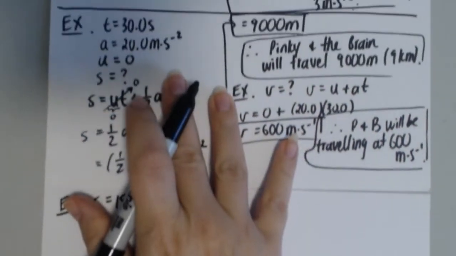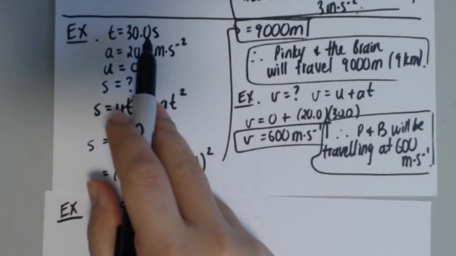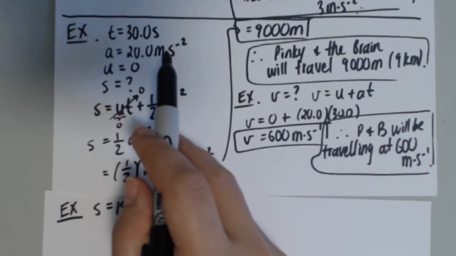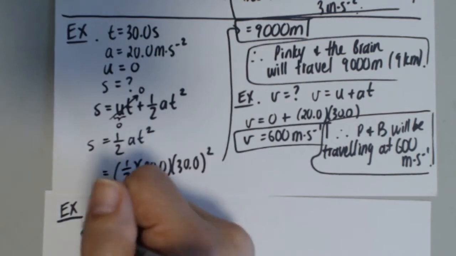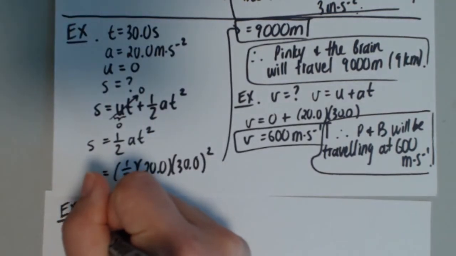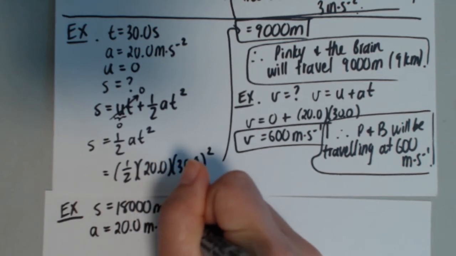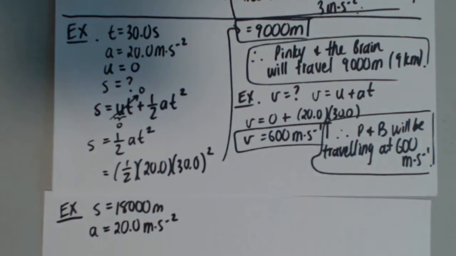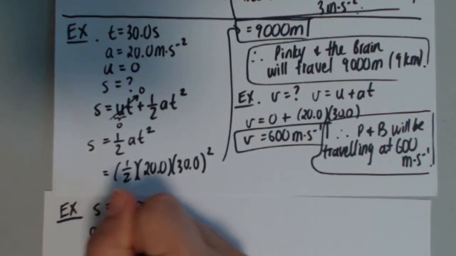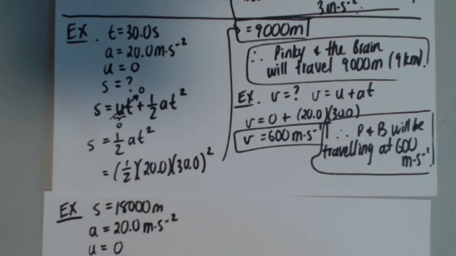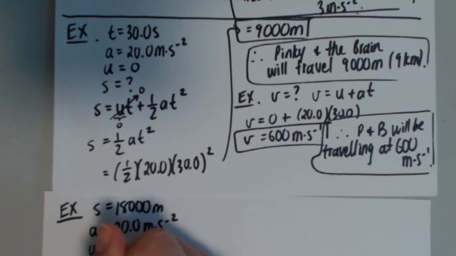That means that I cannot use the time from the original question, right? But I can use the original acceleration, right? Because acceleration is just saying how much they are speeding up by. That value is not necessarily changing. So 20 meters per second squared. I know that they still start off with a speed of 0. So I have S, A, U and I need to have V.